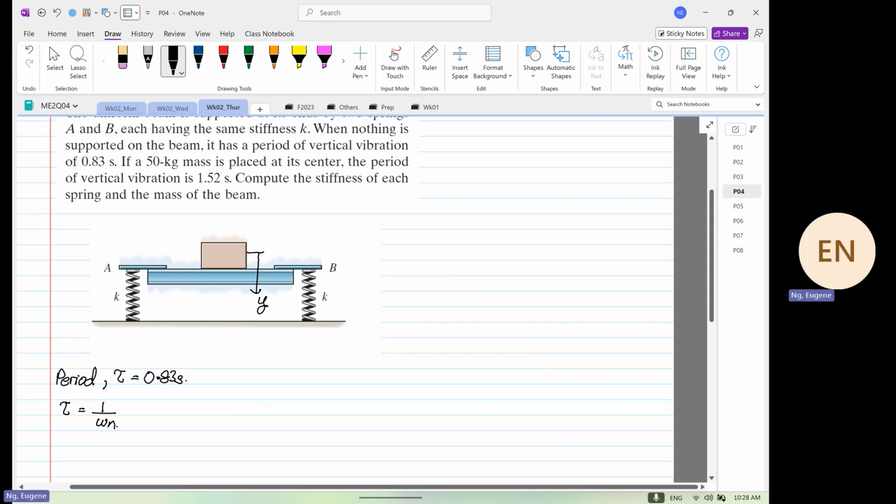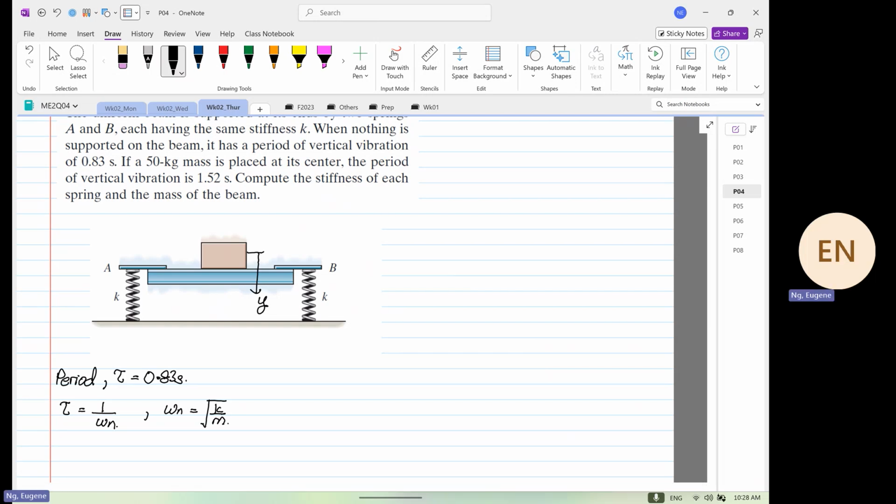Okay, and we also know that omega n is equal to square root of K over M. So the question wants us to find out about the what? We know the mass, but it asks us to formulate the stiffness, right?